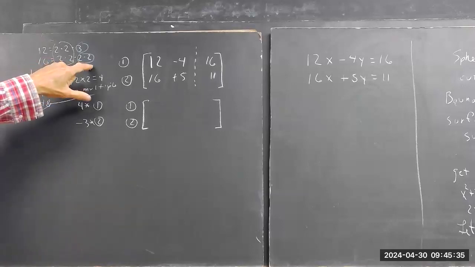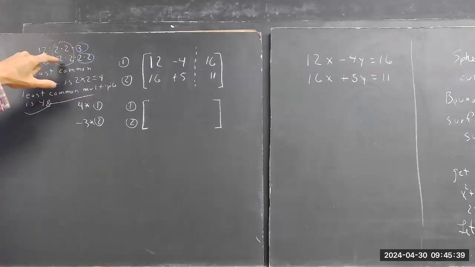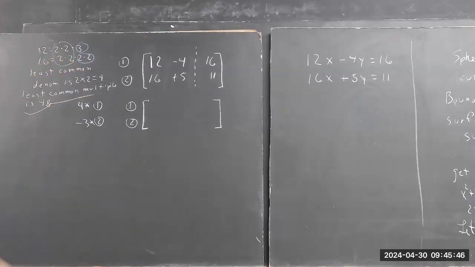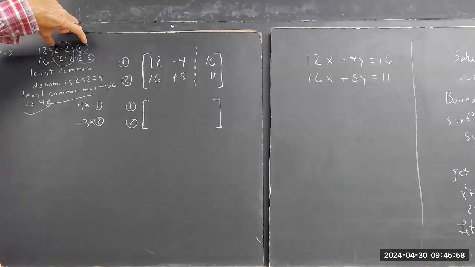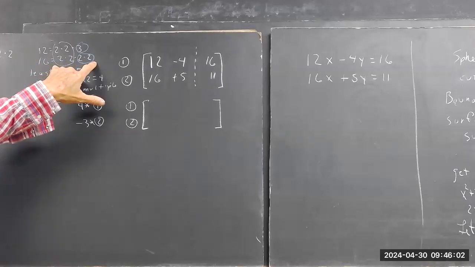Now, 16 has some things in it that 12 doesn't. 16 doesn't have the 3, but it does have 4 2's in the prime factorization. So you take these 2's here, and you've got to throw them into the least common multiple. Now, these numbers include all 3 of these, and they include all 4 of these.